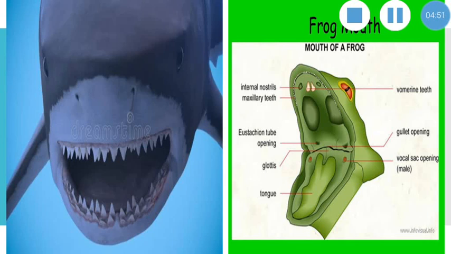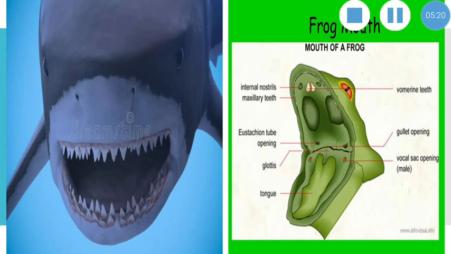The mouth leads to the buccopharyngeal cavity. The buccopharyngeal cavity is a space in the head bounded above by the skull and below by the trunk or throat. The buccal cavity contains teeth, internal nares, bulging of eyeballs, tongue, and prelingual elevation in the frog.